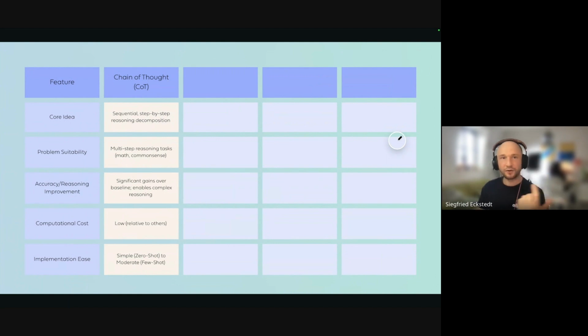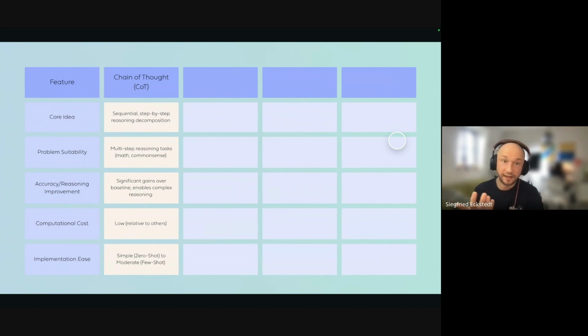And this also concludes chain of thoughts. So let's wrap up what we have learned. Its core idea is that it's sequential, step-by-step reasoning. It can help with multi-step reasoning tasks and can even help with mathematical problems or common sense problems.